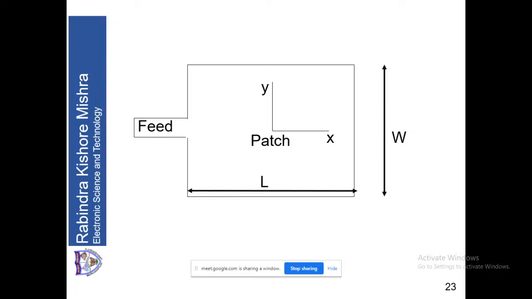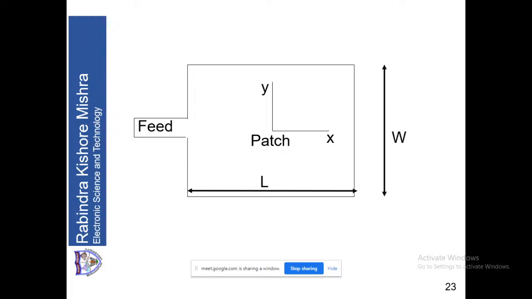So we have a feed, we have a patch. The patch extends from minus L by 2 to L by 2, so the total length is L along the X direction. Similarly, along the Y direction, it extends from minus W by 2 to plus W by 2, so the total width is W. And the origin can also be shown at one of the ends of the patch. So the length will be L, the width will be W, and G will be as it was.